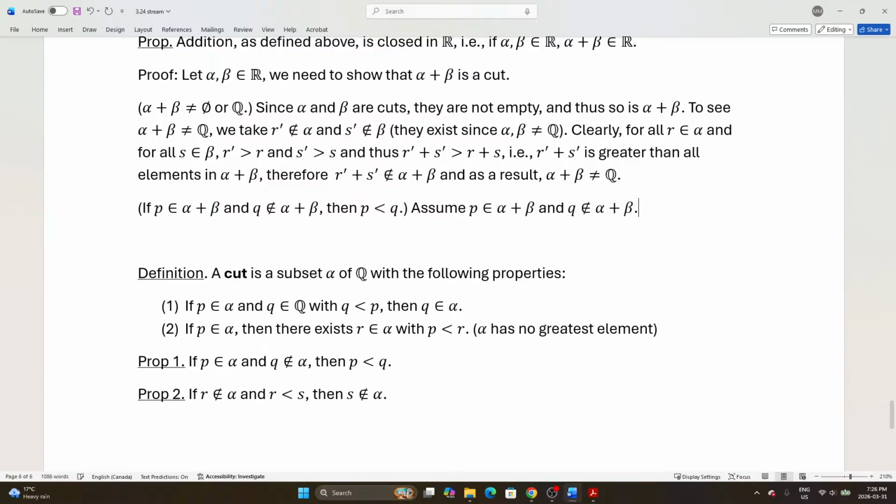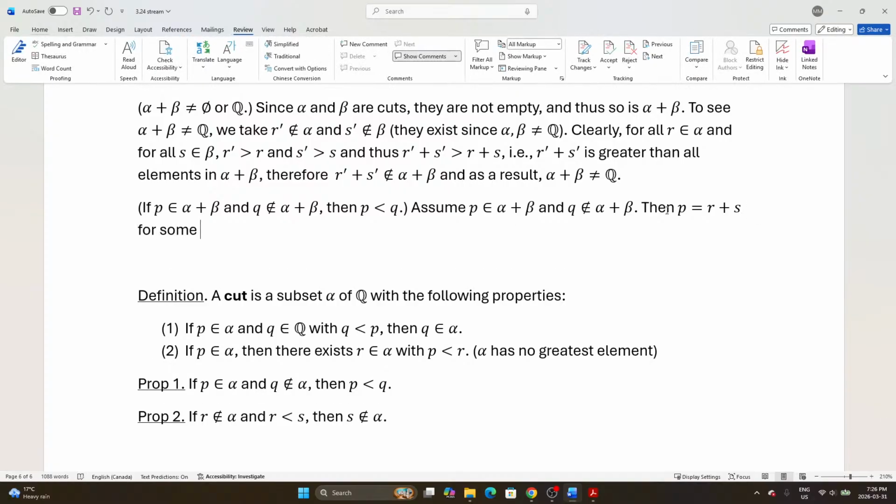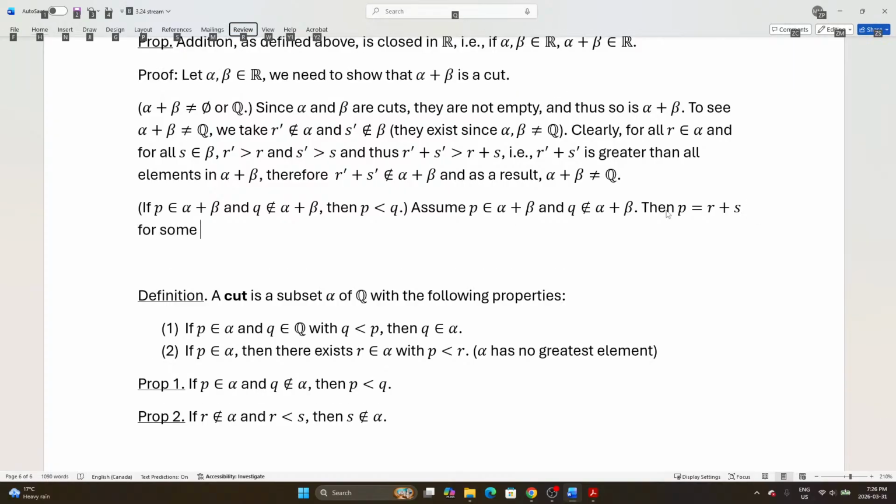Well, P is equal to R plus S for some R in alpha, because that's the definition of addition, and some S in beta.